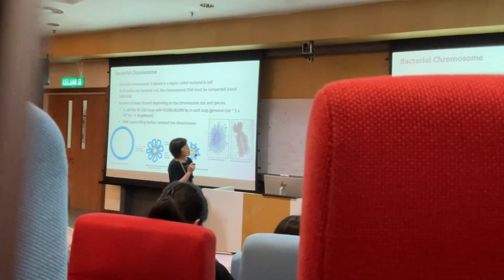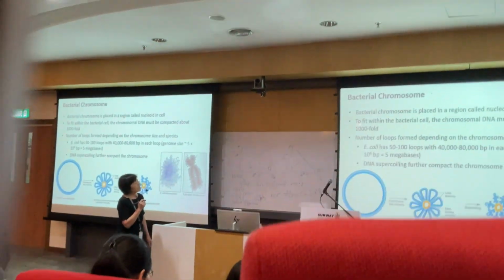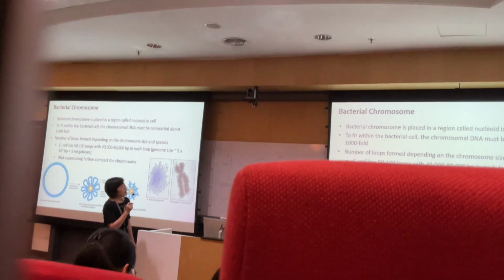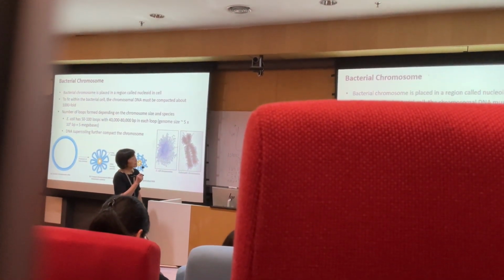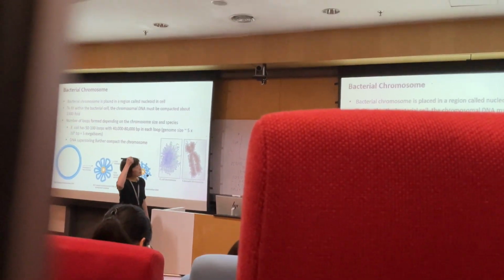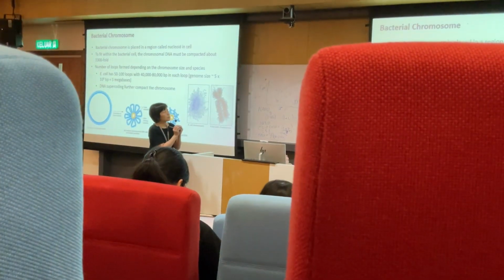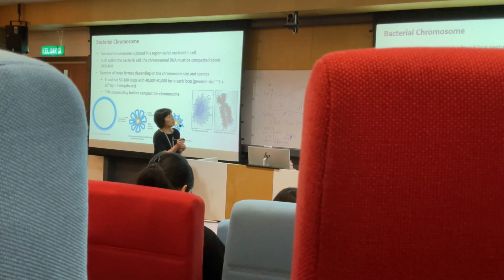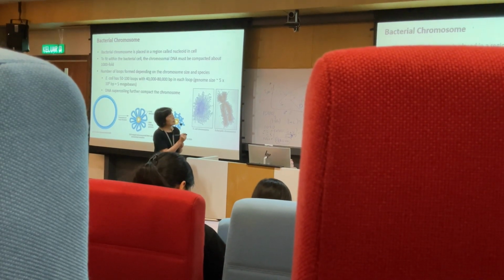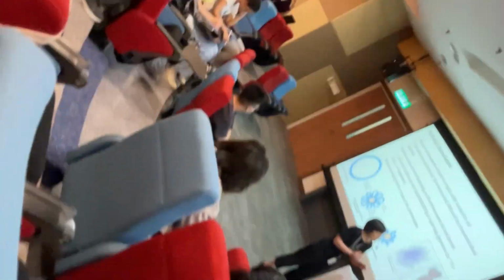Because the DNA is really big, measured in megabases, they need to fold it. This circular chromosomal DNA is packed into a very small size in order to fit into the nucleoid. It's almost 1,000-fold folding into a small size.